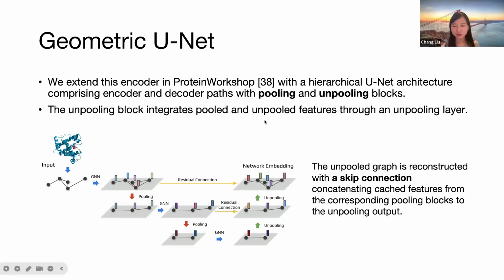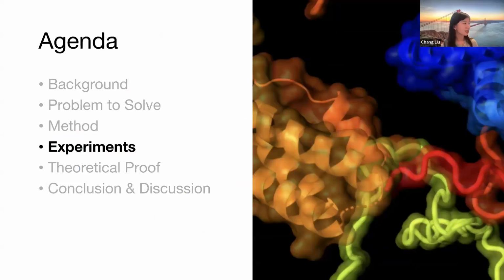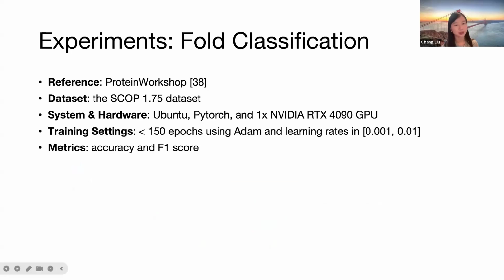Okay, so after introducing the method, let's dive into the experimental results of our paper. We actually conducted two sets of experiments: fold classification, and the other one is synthetic expressivity using K-chains.